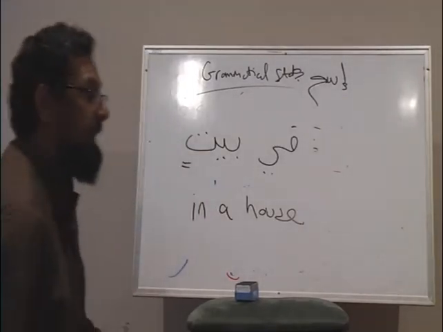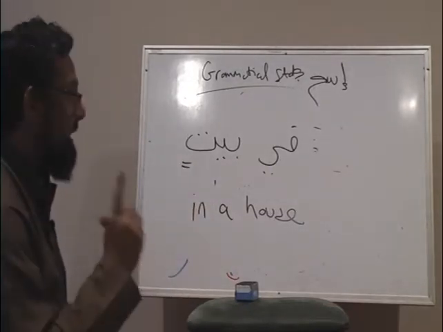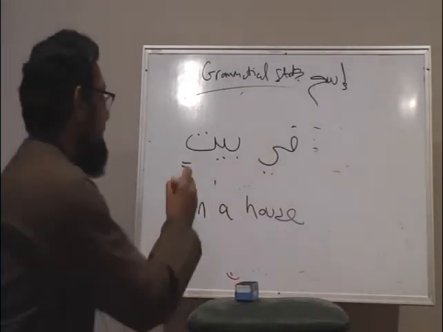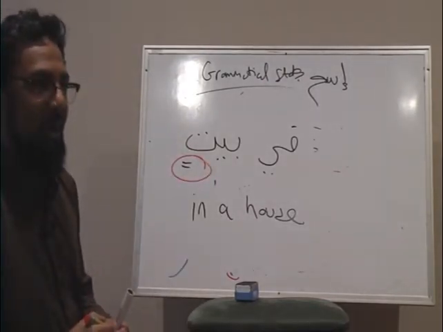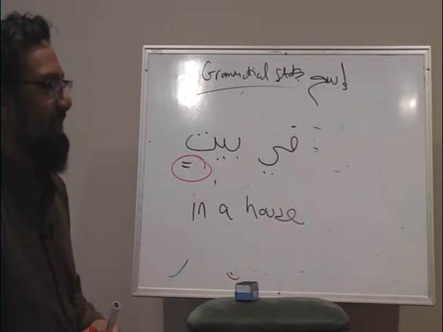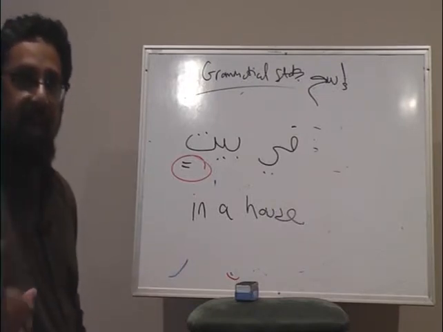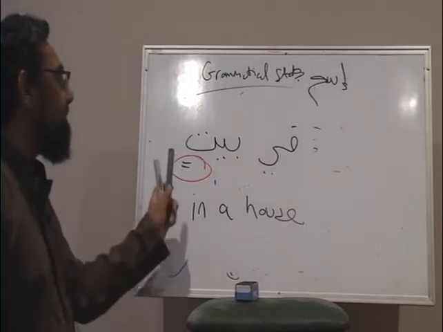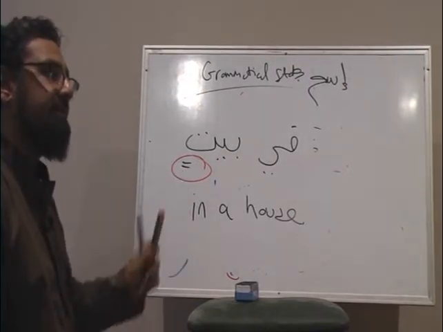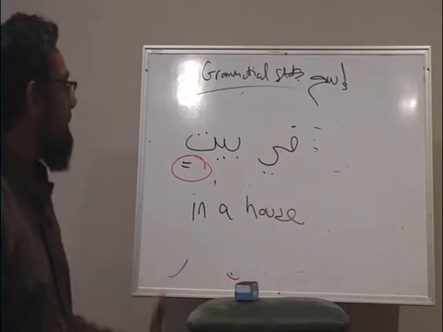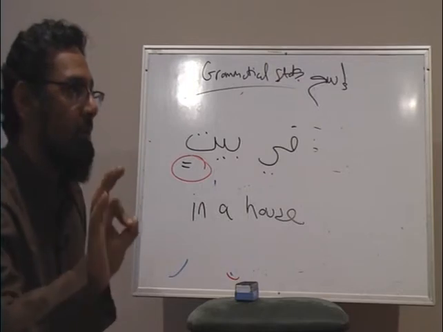And the rule is that anything that follows a preposition, and a preposition is a governing agent, will always be in jar. Second rule, it will always be in jar. And in most instances, 80% of the time, jar is reflected with a kasra.